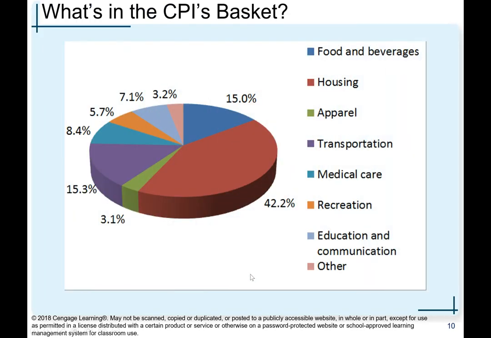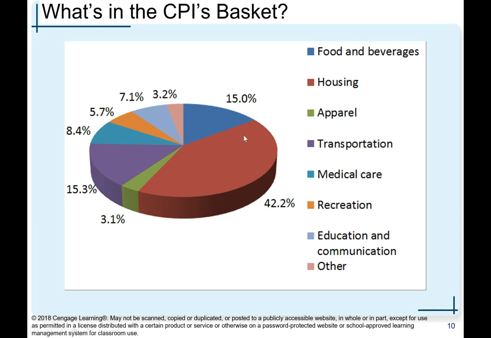What is in the basket? What is it that a typical urban middle class person spends their money on? That's who we call the typical consumer in America. Mostly food and beverages and housing and apparel, transportation, medical care, recreation, education and communications, and other stuff.